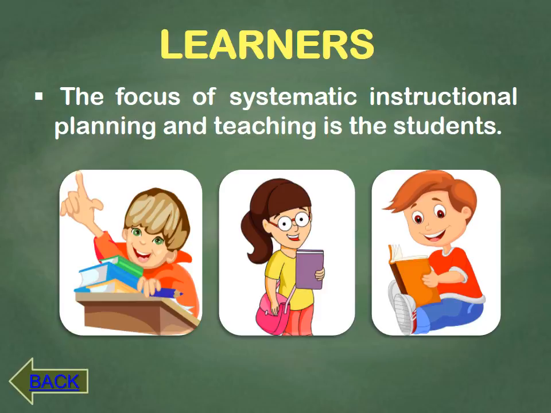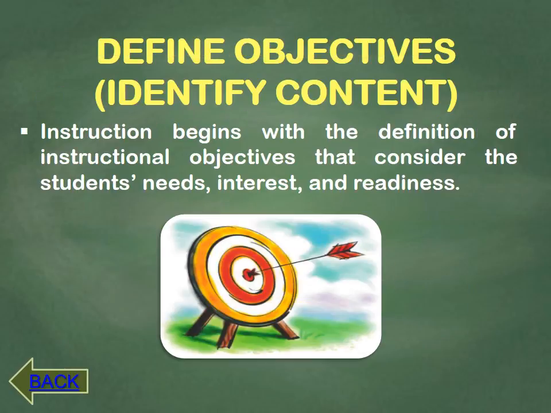The focus of systematic instructional planning and teaching is the students. Define objectives or identify content. Instruction begins with the definition of instructional objectives that consider the student's needs, interest, and readiness.